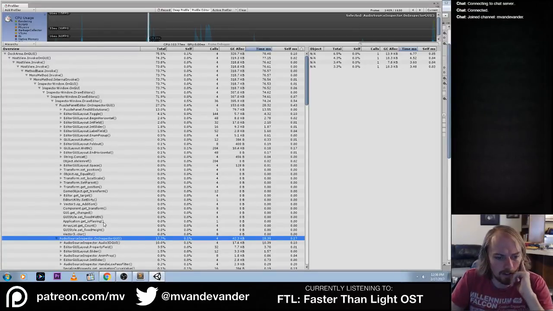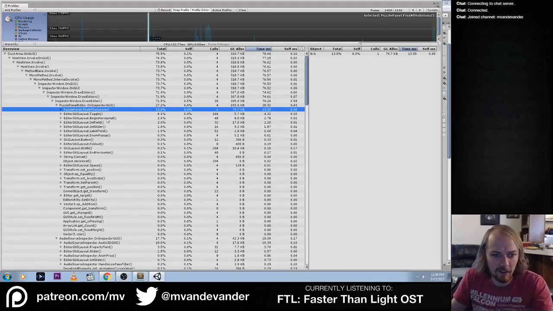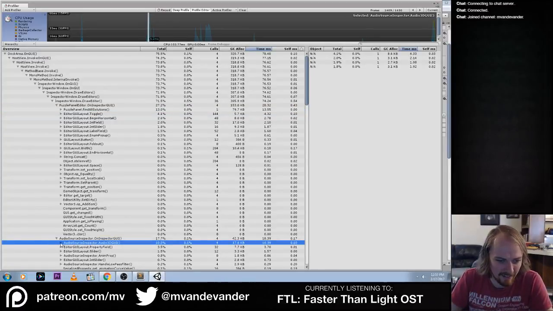I'm not sure why that is. Why is that spending 18 milliseconds? The entire thing that's finding all the solutions for the puzzle is spending less time than this audio source inspector. Why is that? What is it doing?